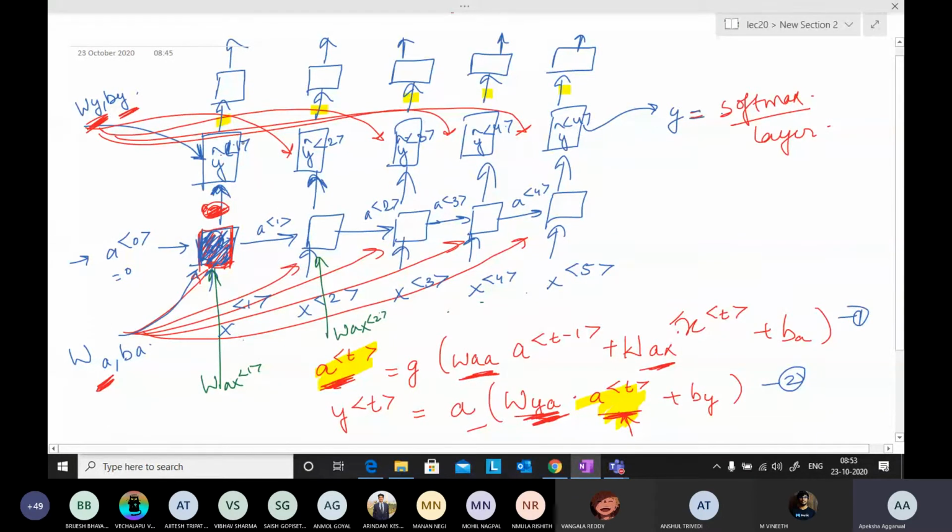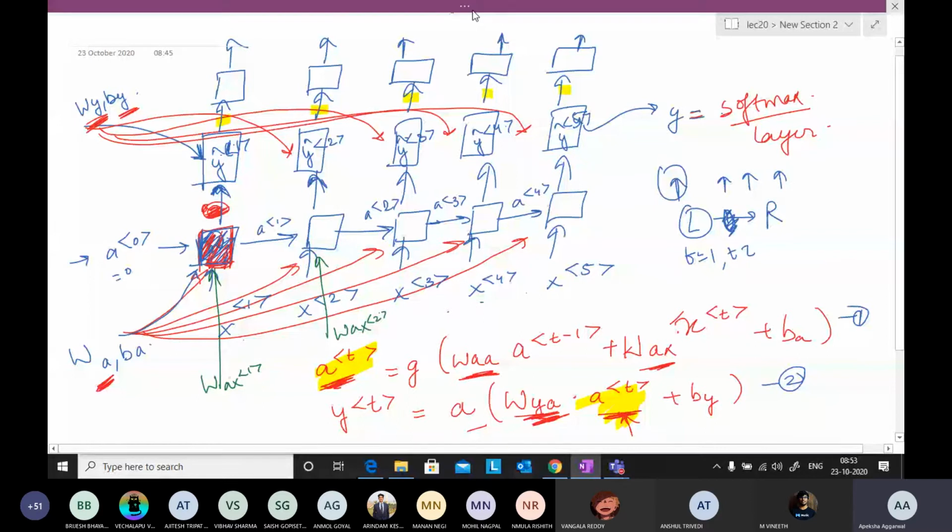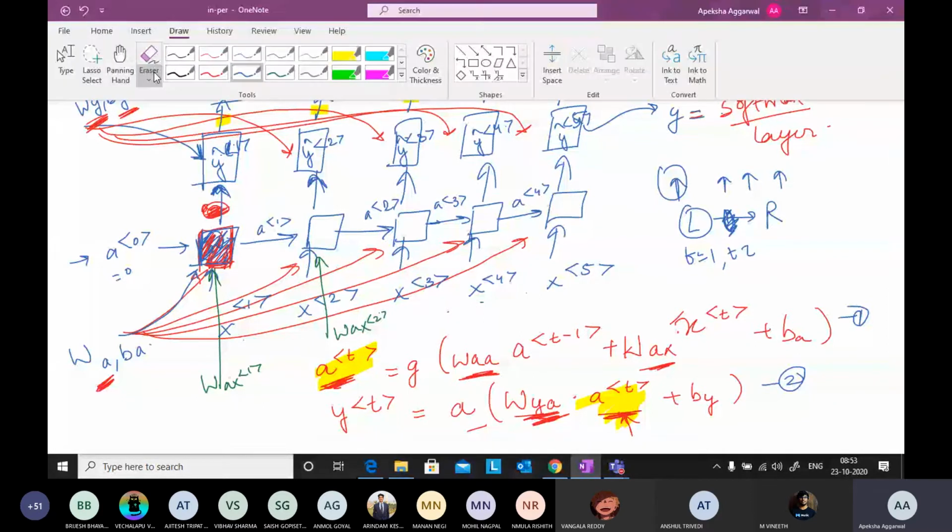So Y1, Y2, Y3, Y4 and Y5 are calculated in parallel as it is moving from left to right, as well as returning an output at every time step. So at time step 1 it is returning this, and then at time step 2 it is returning this, as well as learning the second layer. So this way it is learning.